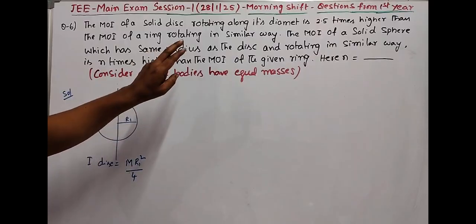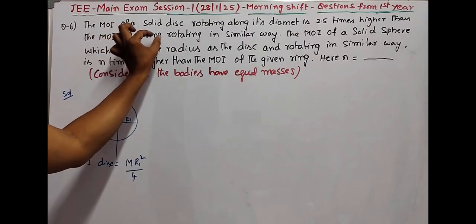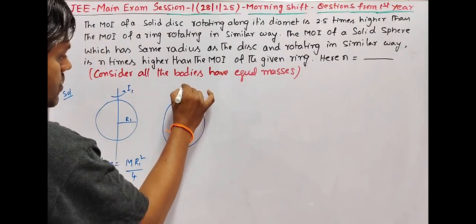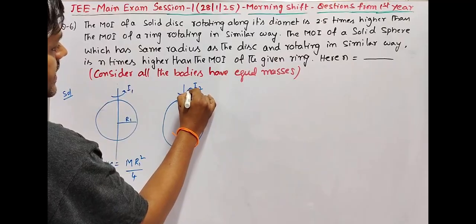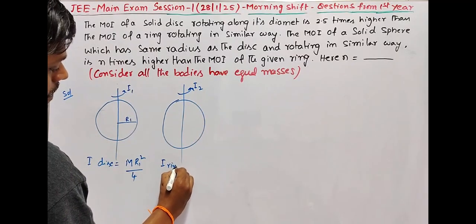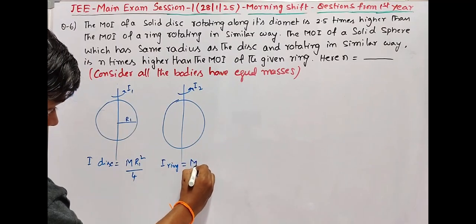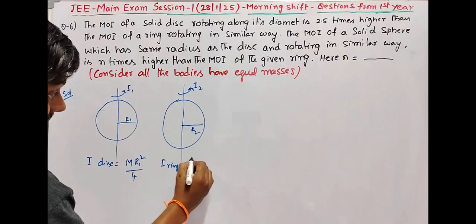Next it is compared with the moment of inertia of a ring. This is the ring. It also rotates in the similar way. So the moment of inertia of this ring is called I2. Here this is the radius of this ring, so R2.